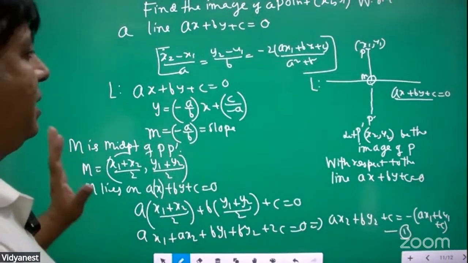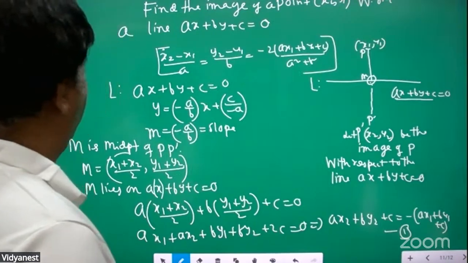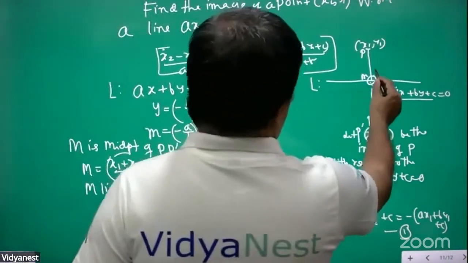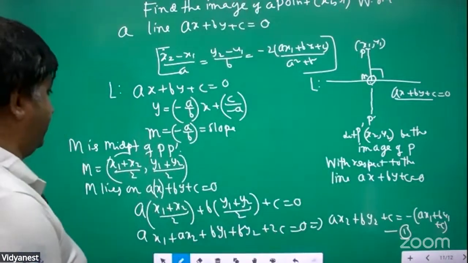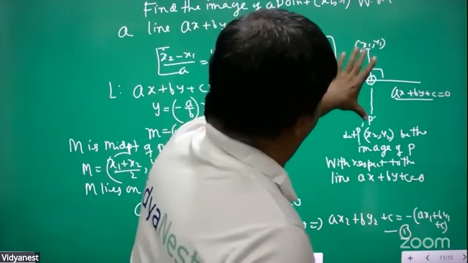So how does it help? You see, this line and this line are perpendicular to each other. So what is the slope of P, this line, P dash?